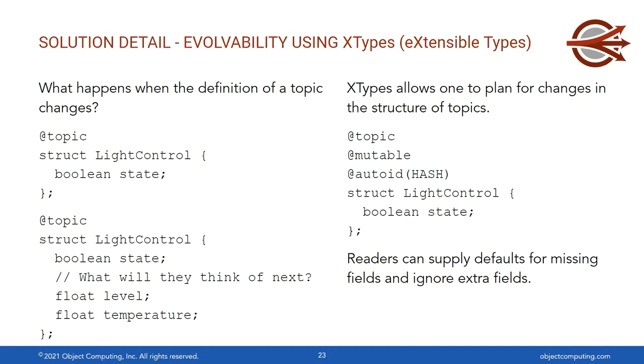So in allowing this type of extensibility, the readers can supply defaults for a missing field. For example, if it's expecting a level and a temperature, but the light controller doesn't have that, it can supply those. Or if it's not expecting those, it can also ignore those extra fields. So XTypes allows the definition of a topic to change over time while retaining backward and forward compatibility.